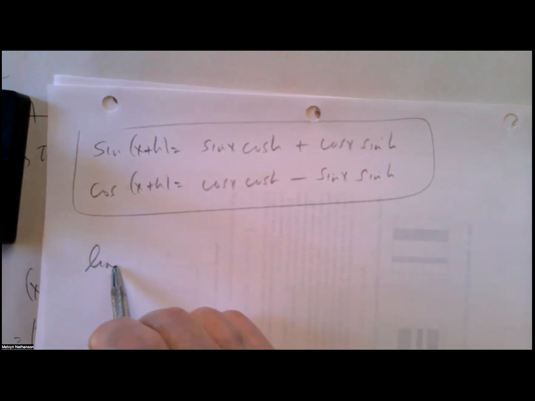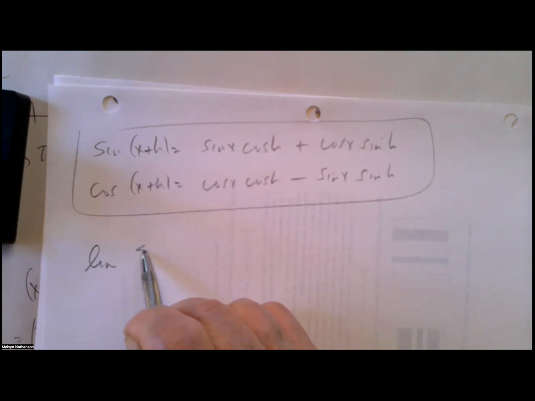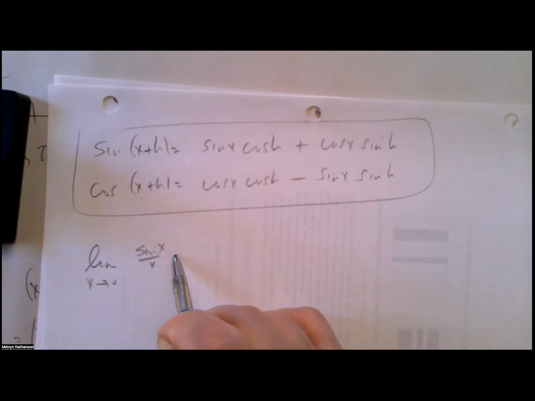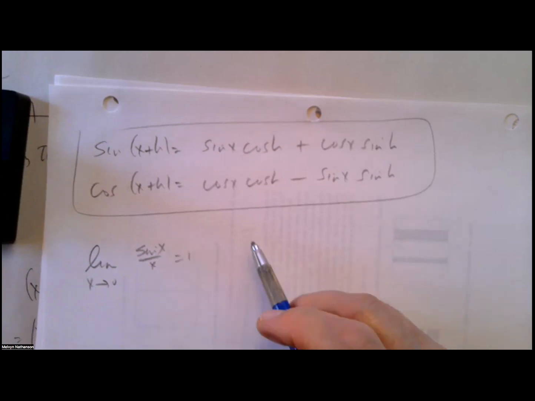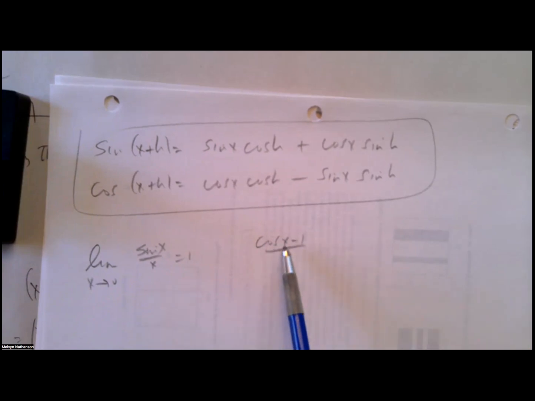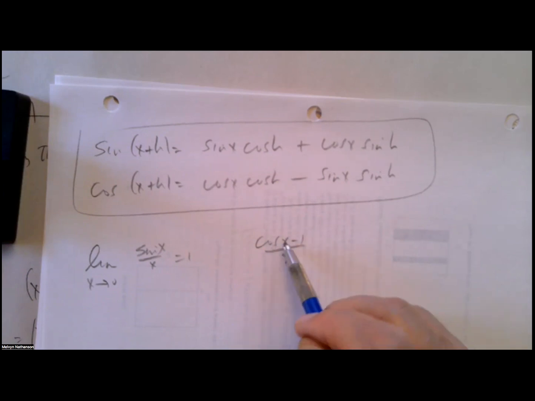So we know the limit of sine x over x, as x goes to 0, is 1. We also like to know cosine x minus 1 over x. As x goes to 0, cosine goes to 1, so the numerator goes to 0, and the denominator goes to 0. But I can use some trig identities as follows.